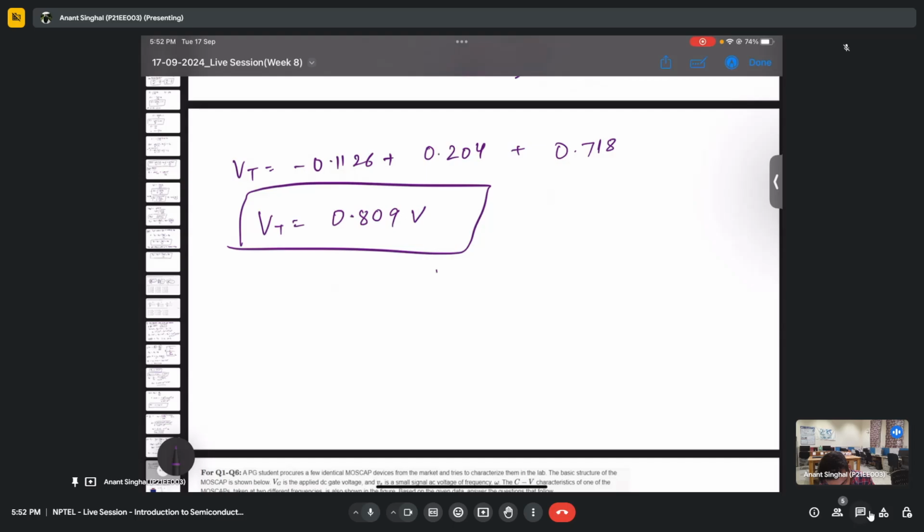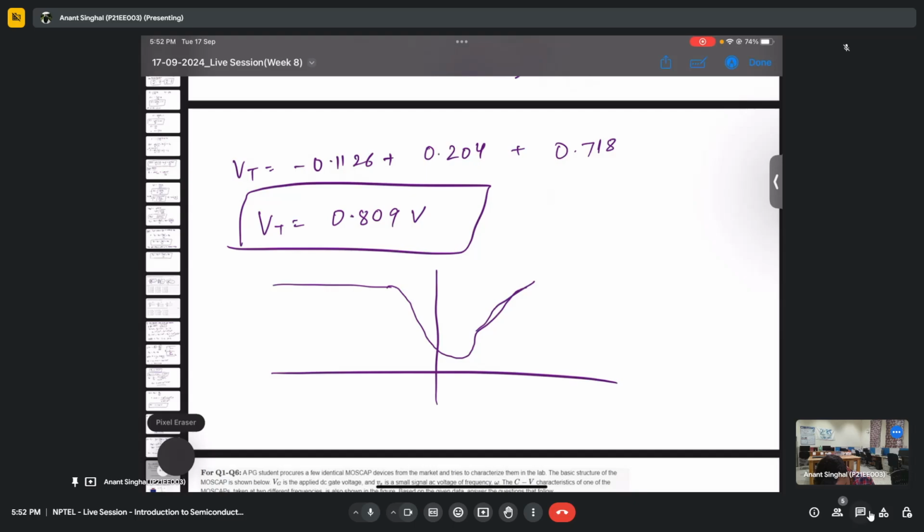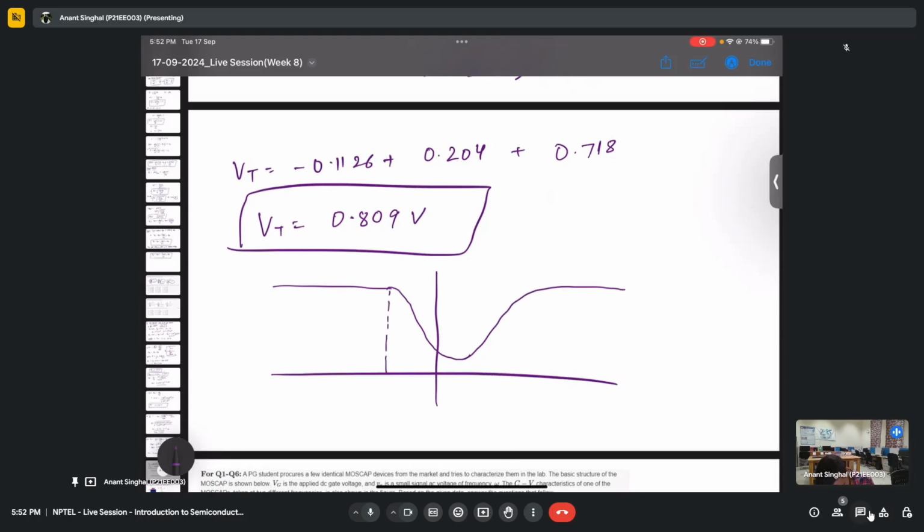So what I'm trying to say now is this is a CV plot that you have all read till now. So at flat band the depletion starts. So this is nothing but 0.11 minus 0.1126. This is a VT which is 0.809 volts. This is Cox which is 2.2 something, 10 to the -6, I guess.